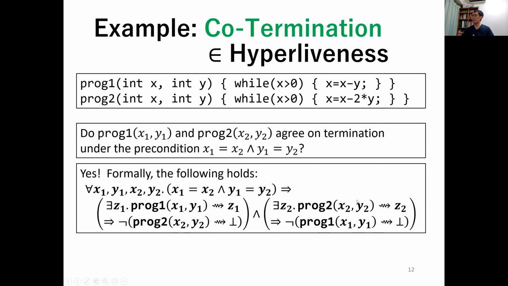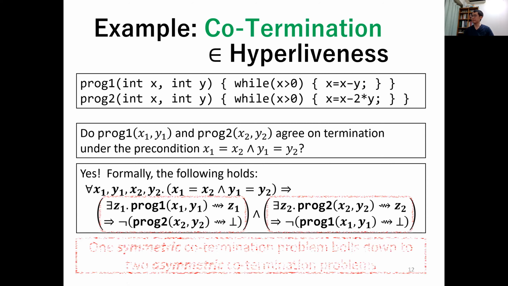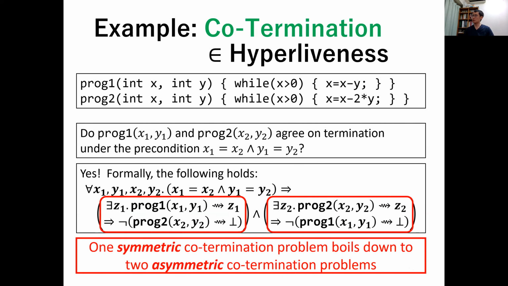So this expresses the co-termination property. Note that this is a conjunction of two asymmetric relational problems, which we call asymmetric co-termination. If program 1 terminates, then so must program 2. And the other side says if program 2 terminates, then program 1 has to terminate.